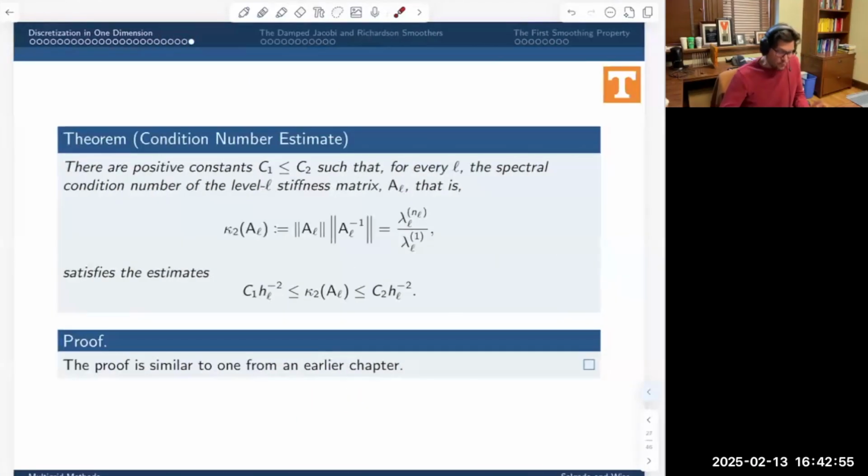All right, so now we know all of the eigenvalues, and so we know that the ratio of the largest eigenvalue to the smallest eigenvalue is going to give us what's called the condition number of the stiffness matrix.